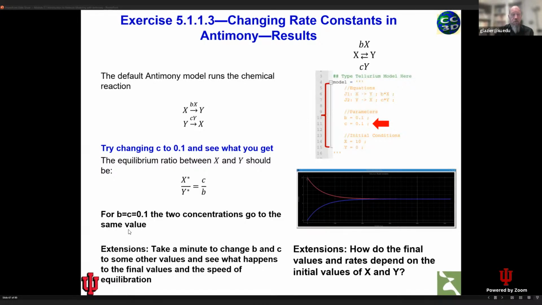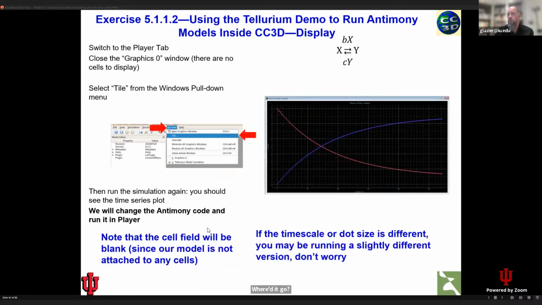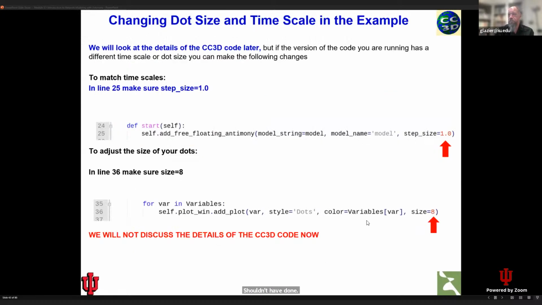So you do need to play around with laying out your screen a little bit to get things about the right size and shape. Depending on your computer screen, the size of the dots is determined in line 36. If you change the size to be bigger, you'll get bigger dots.